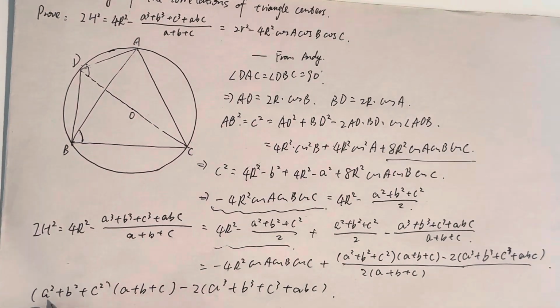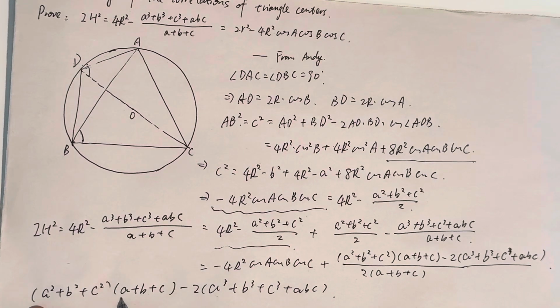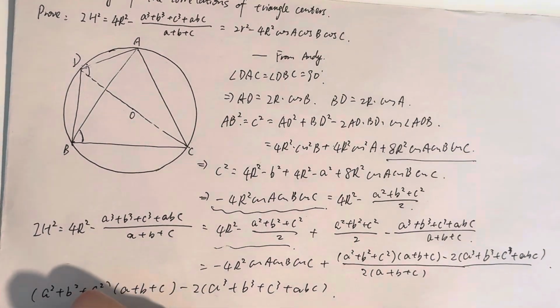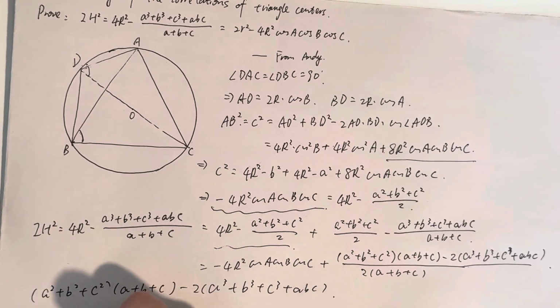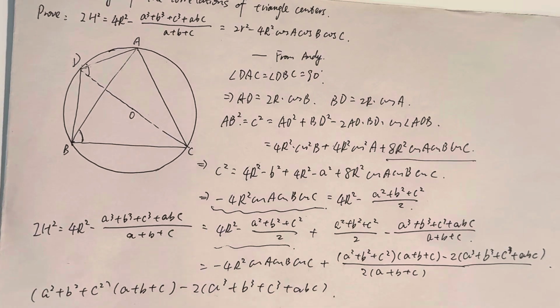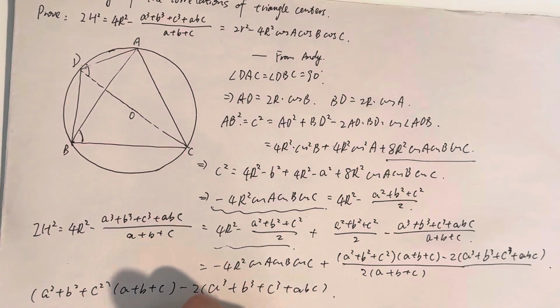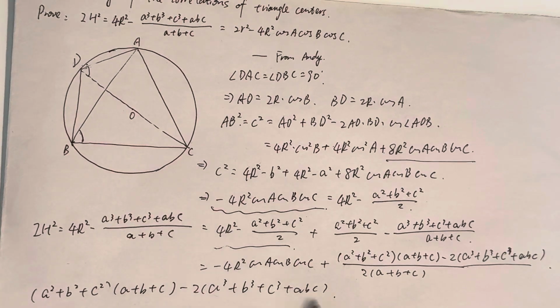And notice that for a to the power 3 we only have one term here, and we have minus 2 here, so we get minus a to the power 3 minus b to the power 3 minus c to the power 3. That's just because they can all be rotationally permuted, right? So we get this one term, and we minus 2abc, because for the first product we don't have abc there. We can just write it down here, and that's for all of the minus signs.